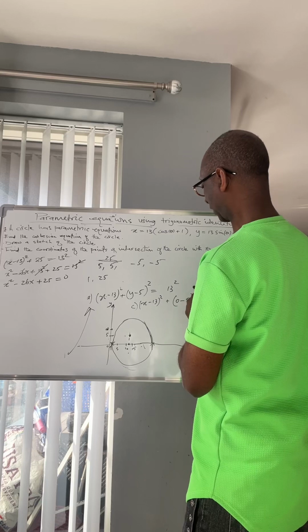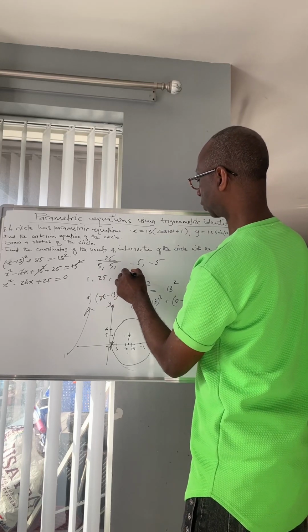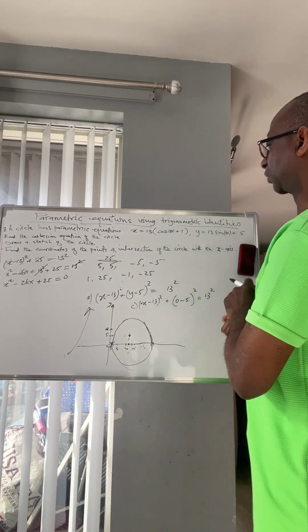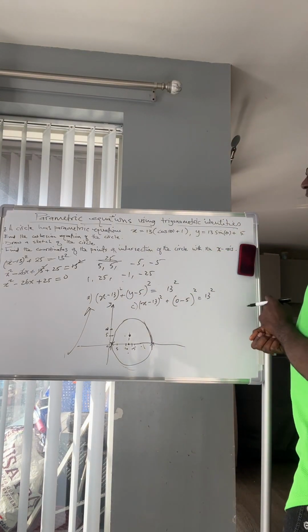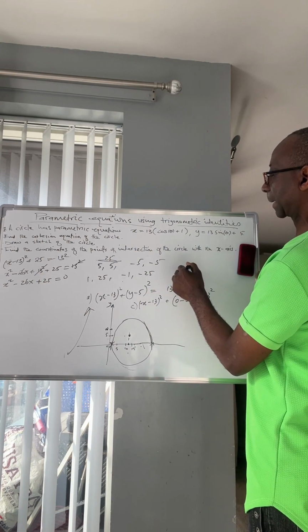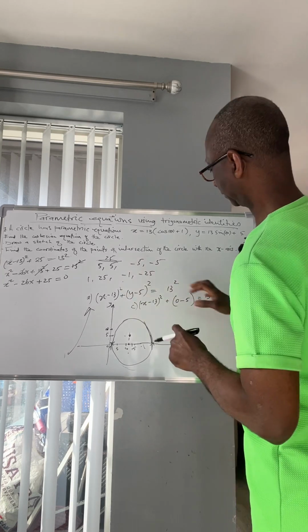These are factors of 25 as well. And you have minus 1, minus 25. These are factors of 25 as well.